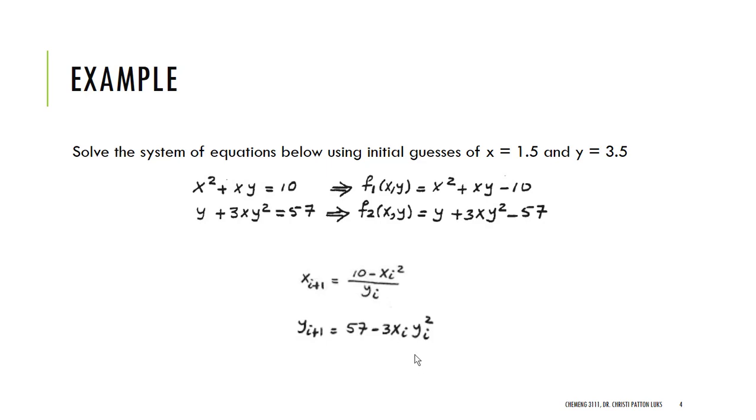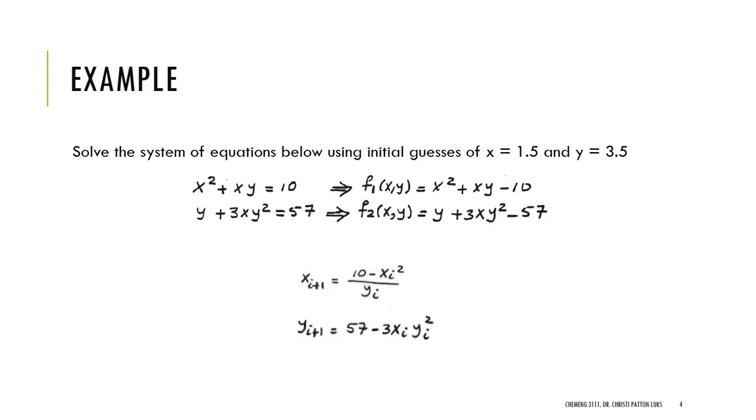So these are my forms that I'm going to use. So I'm going to solve for this x in terms of 10 minus the old x squared over the old y. This will now become the new old x, and so my y will be 57 minus 3, the most recent guess of x, times the old y squared.